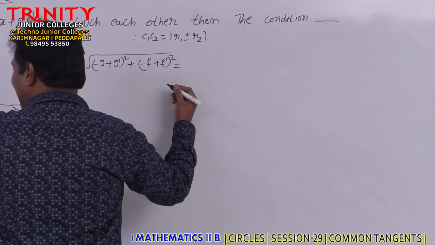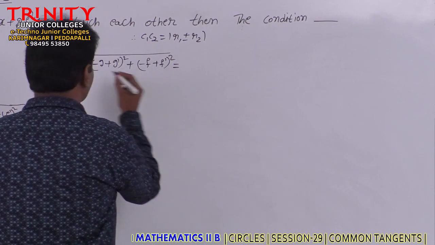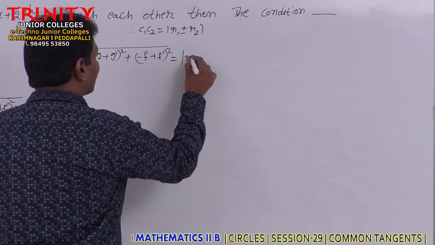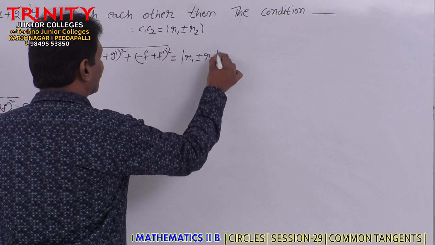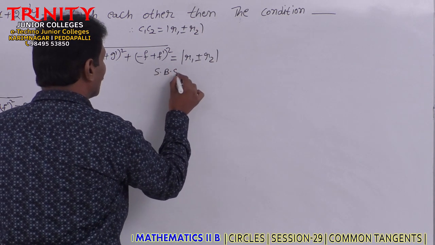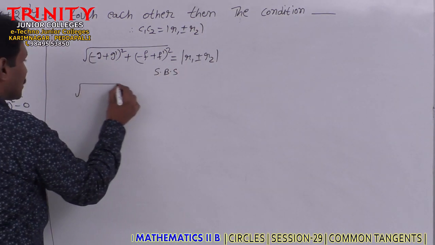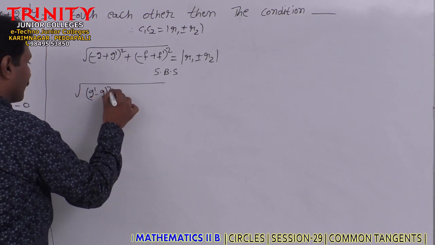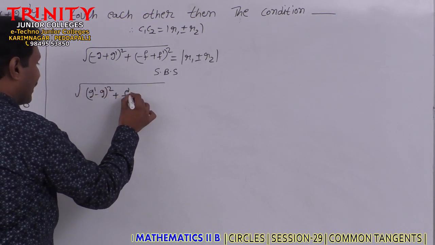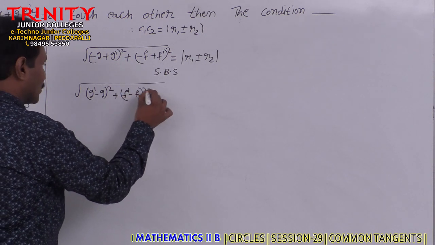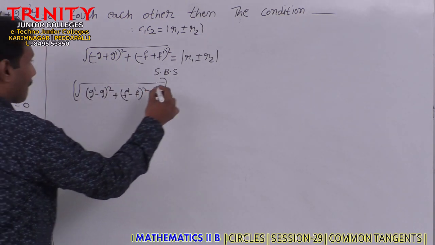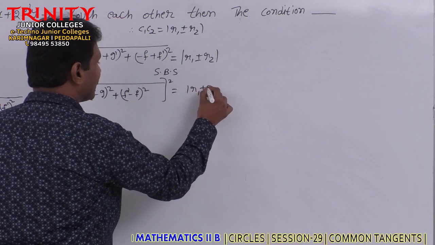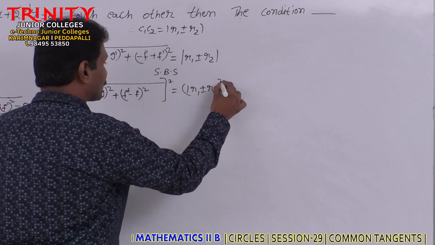The distance between C1 and C2 equal to modulus of R1 plus or minus R2. Squaring on both sides, that equal to square root of (g dash minus g) whole square plus (f dash minus f) whole square, total square, equal to modulus of R1 plus or minus R2 whole square.